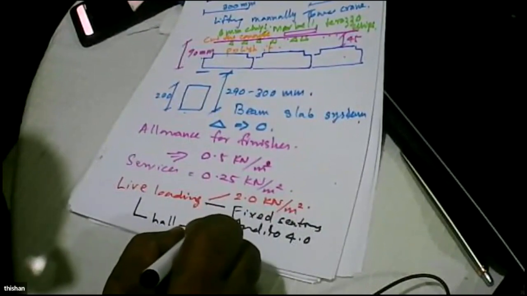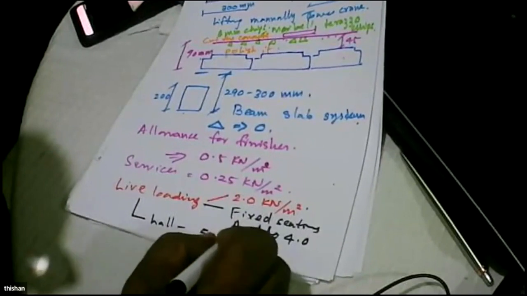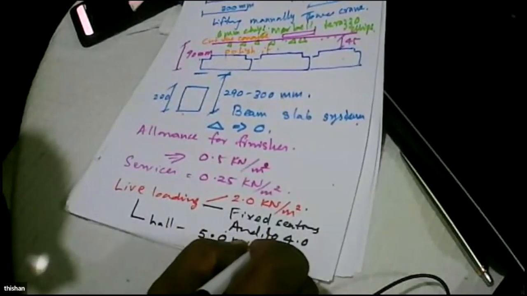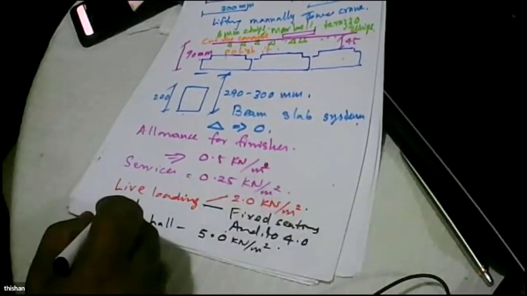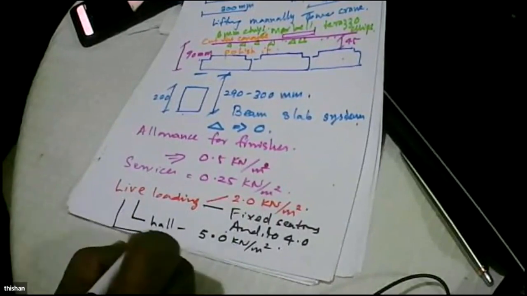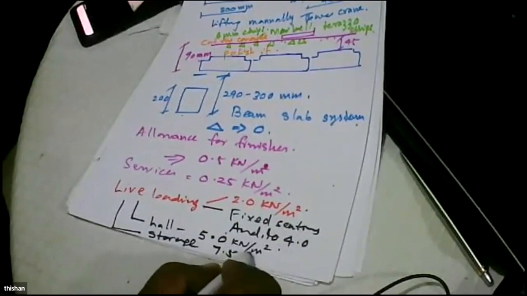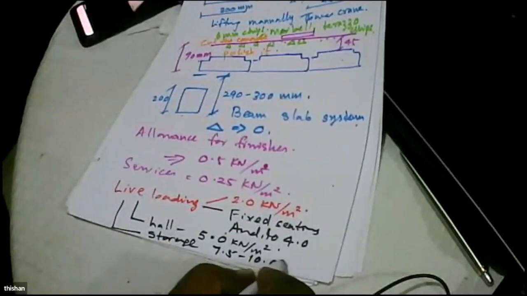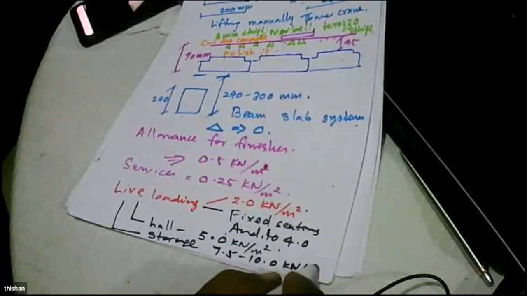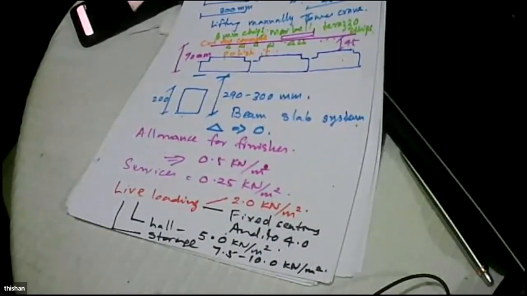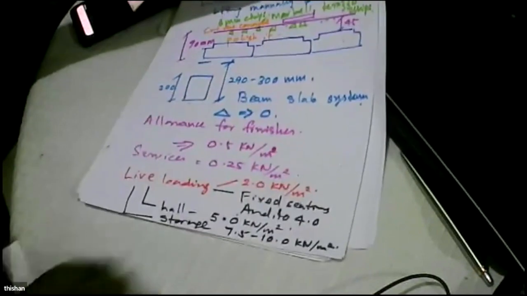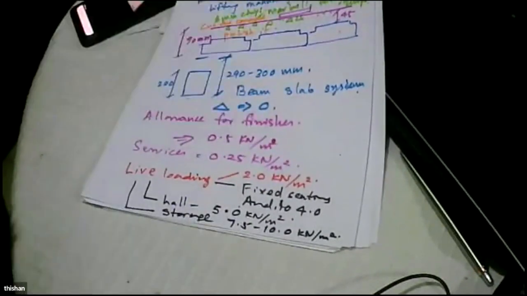Then we use 5. And we can also use it for storage. Then we use 7.5 to 10 kilonewtons per meter square.